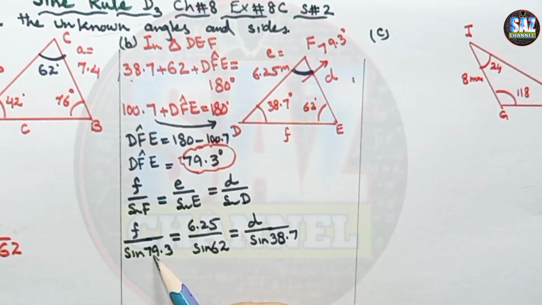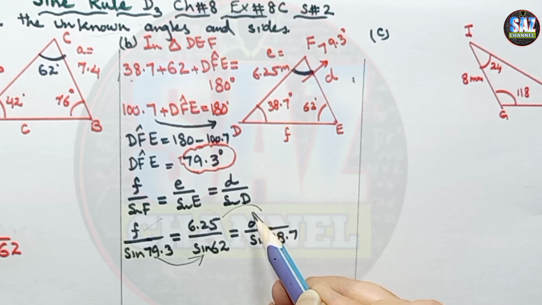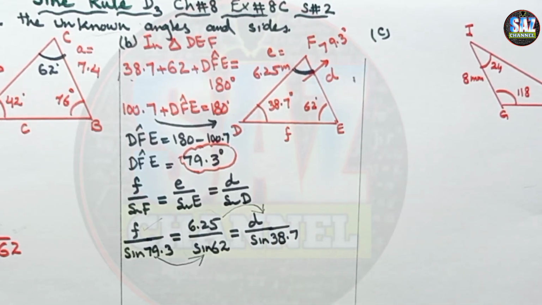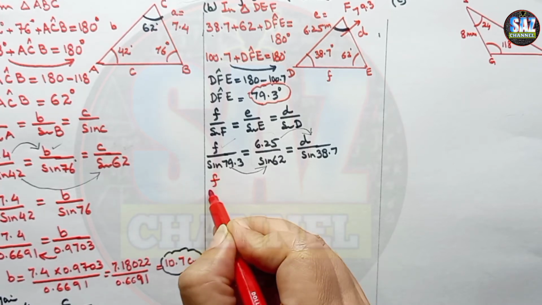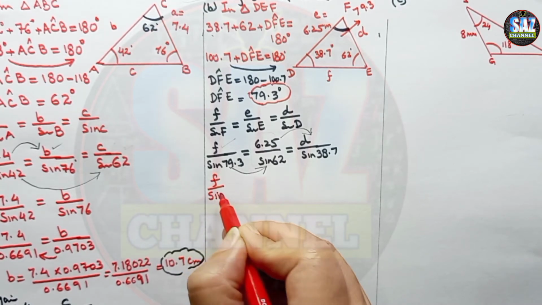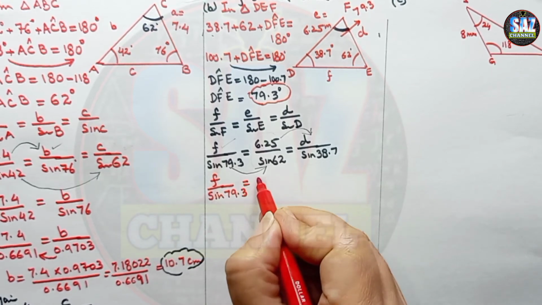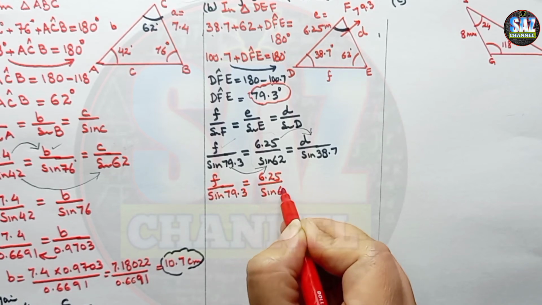So here we have one unknown only, and we can compare this fraction with the first fraction to get the value of F, and equate the middle fraction with the last fraction in order to get the value of D. Now the equation will take the form F upon sine 79.3 equals 6.25 upon sine 62 degrees.